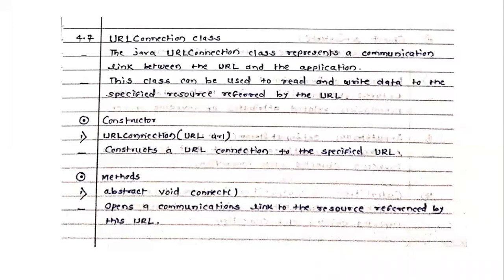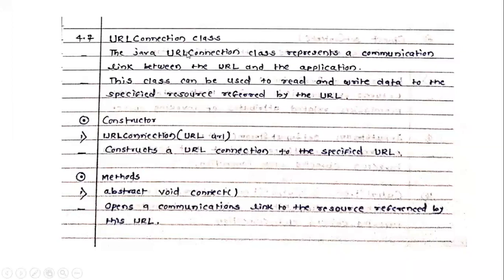Then we will see some constructors and methods, and then the program for the URLConnection class. The first constructor is URLConnection(URL). It is used to construct, or establish, a URLConnection to the specified URL.